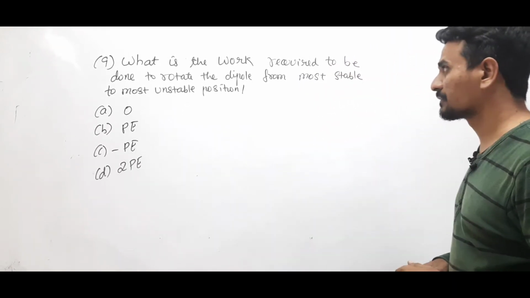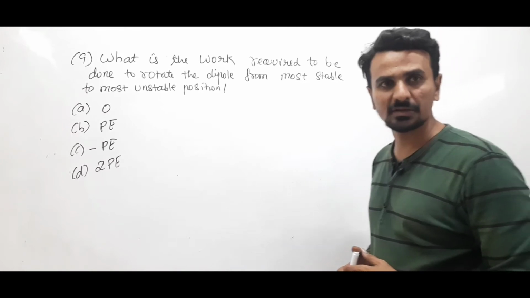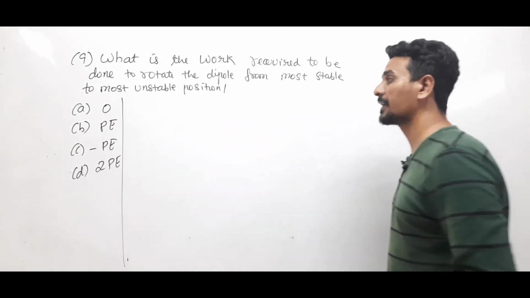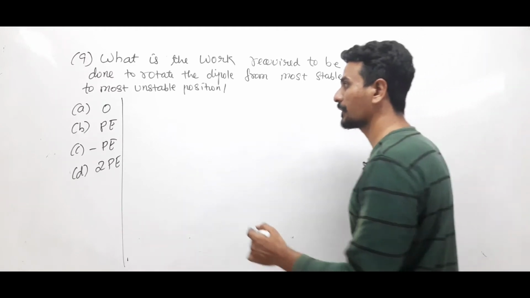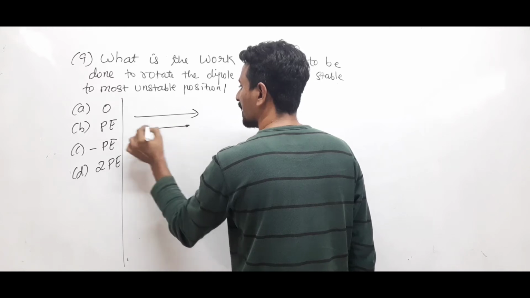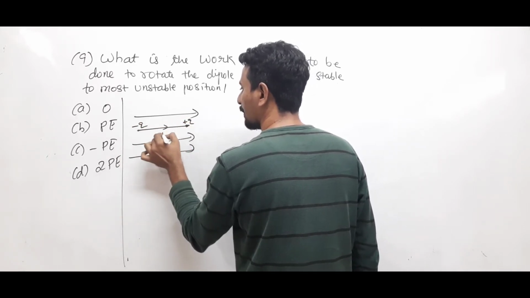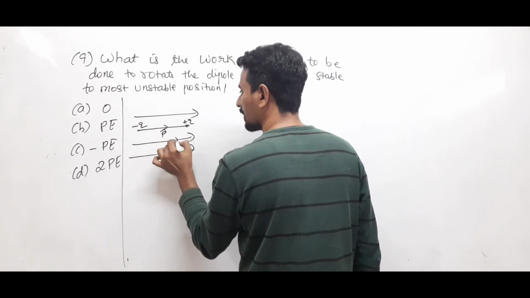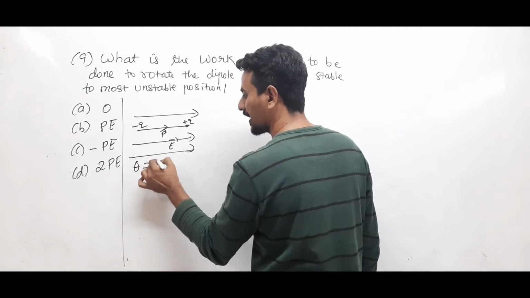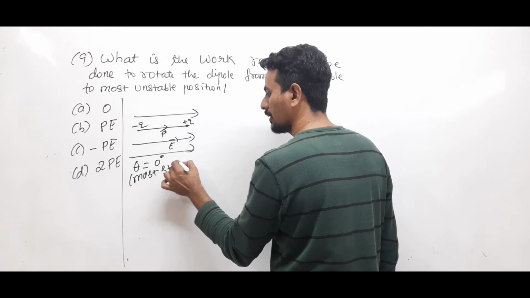Okay, so ninth one: what is the work required to be done to rotate the dipole from most stable position to most unstable position? First of all, what is the most stable position? If this is your electric field, and both dipole moment and electric field are in same direction, that means the angle between dipole moment and electric field is 0, it will be the most stable position, right?